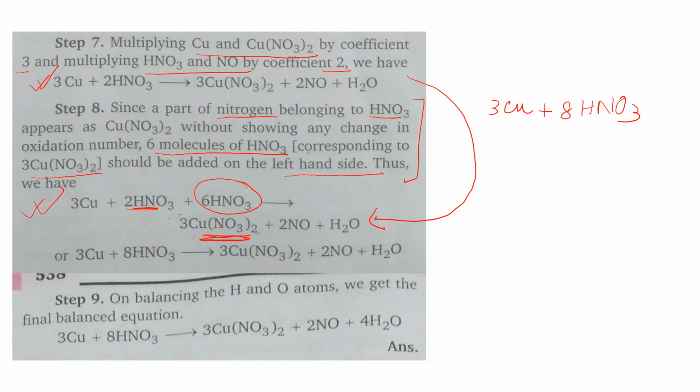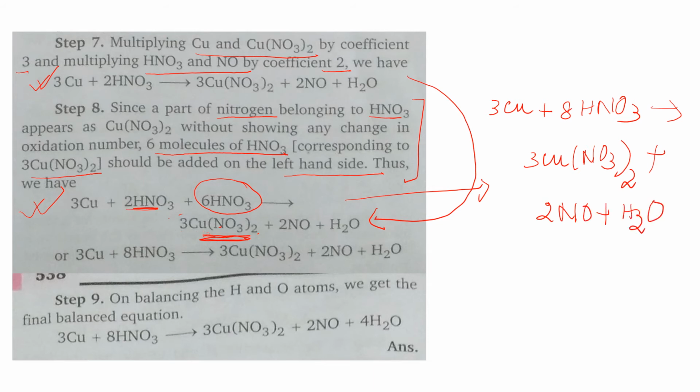So for balancing, 6 molecules of HNO3 corresponding to 3 Cu(NO3)2 should be added on the left hand side. So after adding, I am getting 3Cu plus 8HNO3 giving 3 Cu(NO3)2 plus 2NO plus H2O.